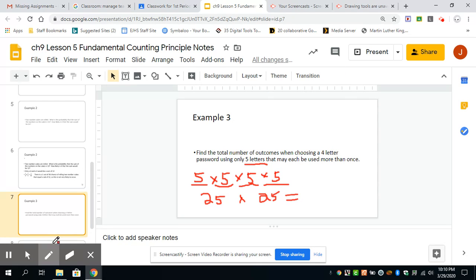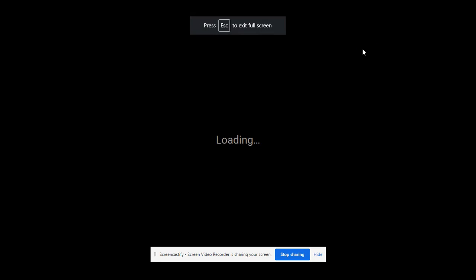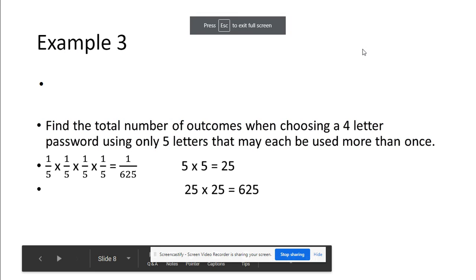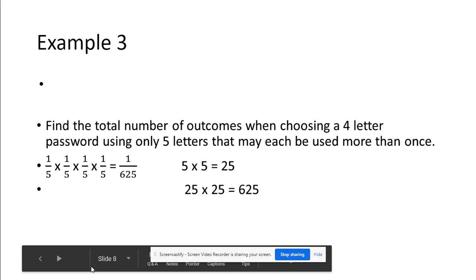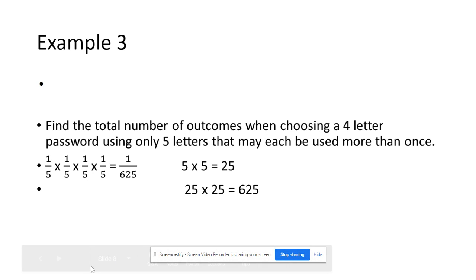If I exit out of this and go to the next slide, we see our answer would be 625. That's what results from multiplying those two together.